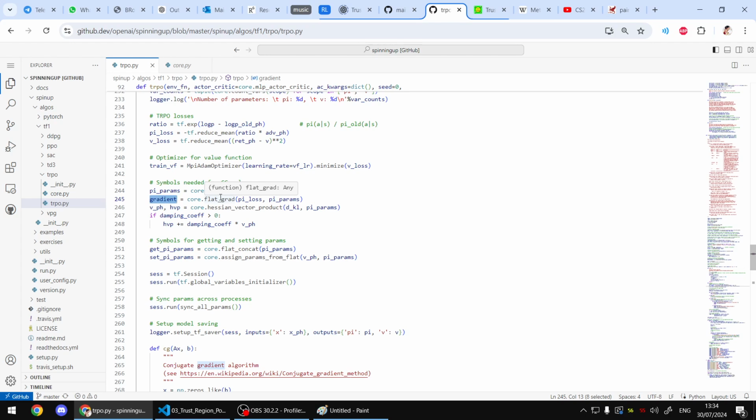All the weights are stored as a list of different matrices and vectors. So you have to take a gradient with respect to each of them separately, and then you have to flatten them up, and then you have to manually change the neural network weights.